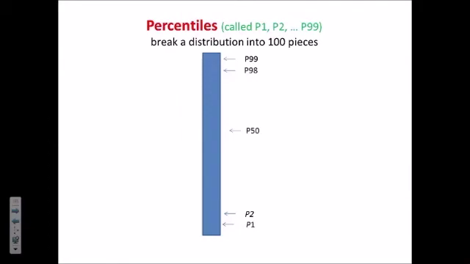Percentiles are scores which break a distribution up into 100 pieces. So if we took a distribution, sorted it from, say, high down to low, and broke this up into 100 pieces, which I'm not going to do, the numbers that do that are called P1, P2, P3, and so on, up to P98, P99. In the middle would be P50.